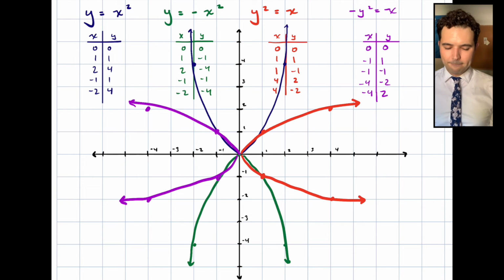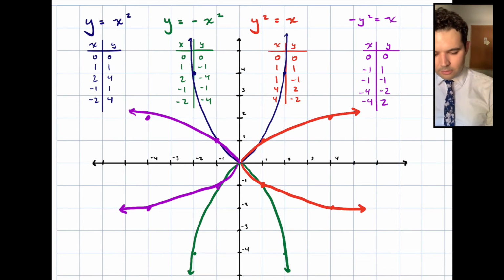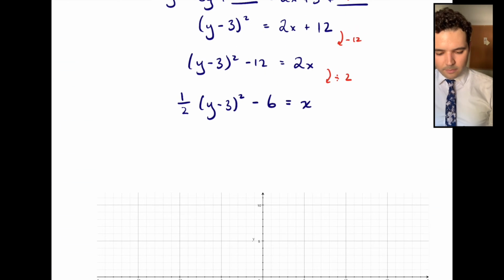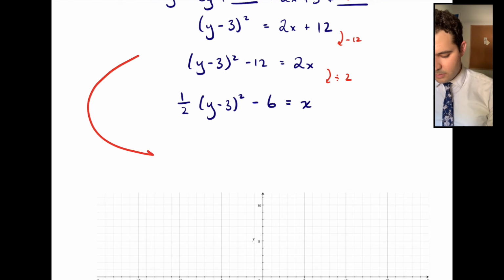There we go. So keeping this parent function in mind, this parent function that opens to the left, if we look at what we have over here, we have a similar case. We have a y squared term with a positive leading coefficient, so it's not negative, is equal to x, which tells us that this curve is going to look something like this.